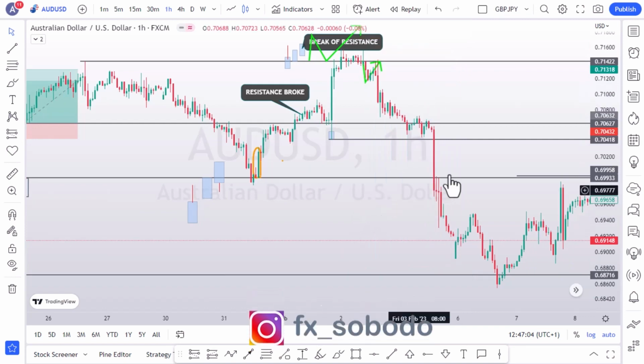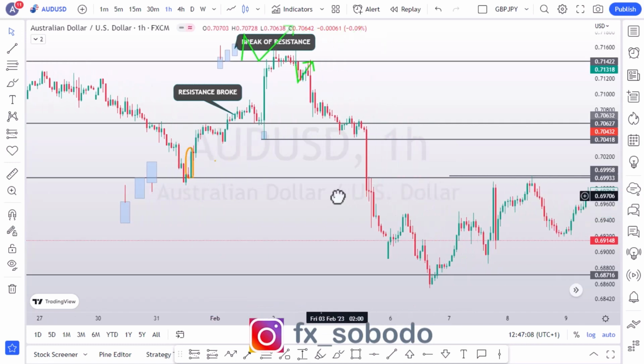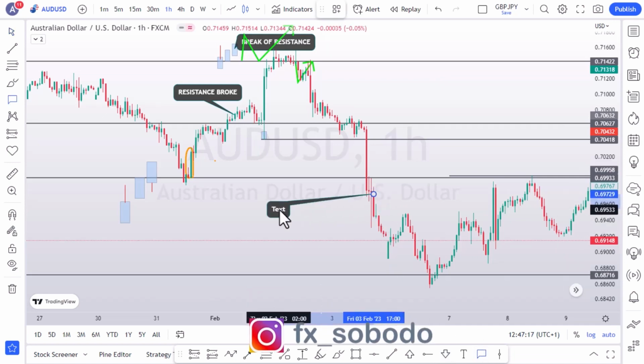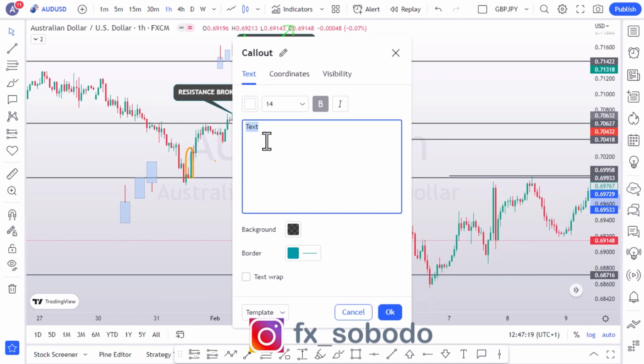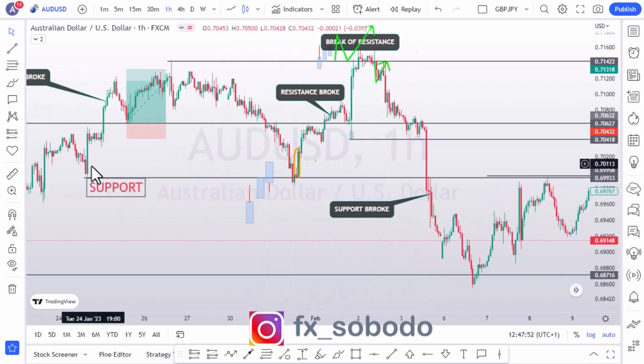Okay, so the same level of support, let's get rid of this guy. Here we see when price came here, what happened? This is a break. This is what I call a break. This support broke. You see here, this is our support.